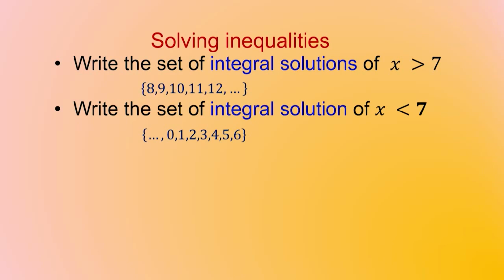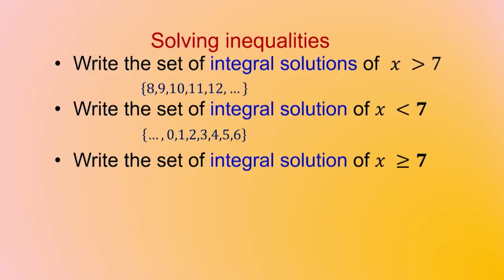Here, when we put dots, you have to put dots in front of these numbers. Why? Because we have to take the numbers less than 7. So, the maximum is 6. You can't write 7, 8, 9 like this. But you can write the negative numbers also. What are they? You can write -1, -2 like this. I think you can understand it.